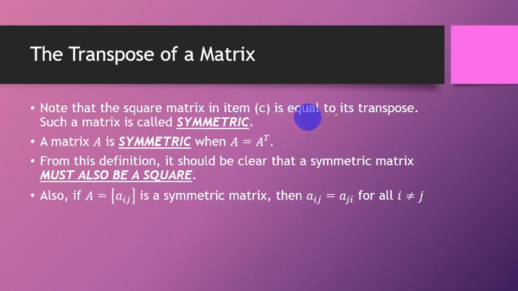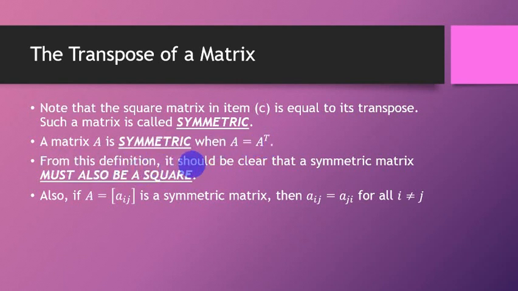Now, since that square matrix is equal to its transpose, we call that square matrix a symmetric matrix. So, a matrix A is symmetric when A is equal to its transpose. That is the definition of a symmetric matrix.